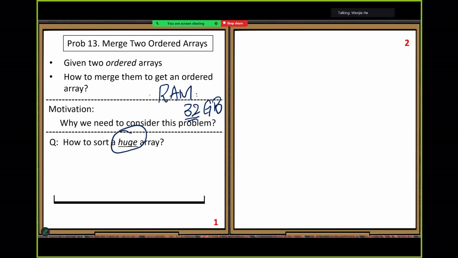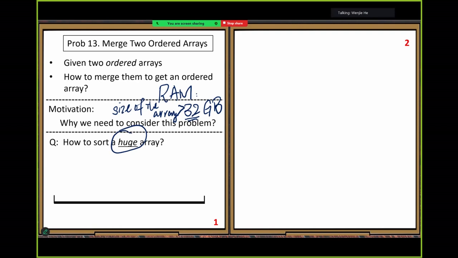But think about it. If the size of the array is greater than your memory size, RAM size, how can you sort the data?